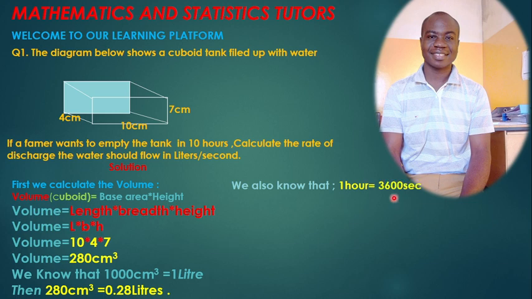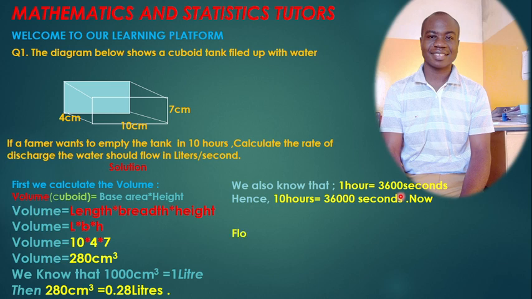We also know that 1 hour is equal to 3,600 seconds. So there are 3,600 seconds in 1 hour. Now what about in 10 hours? Because we want to change 10 hours to seconds. So in 10 hours, we have 36,000 seconds.